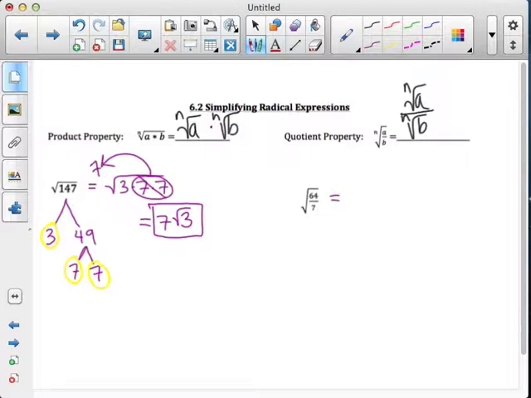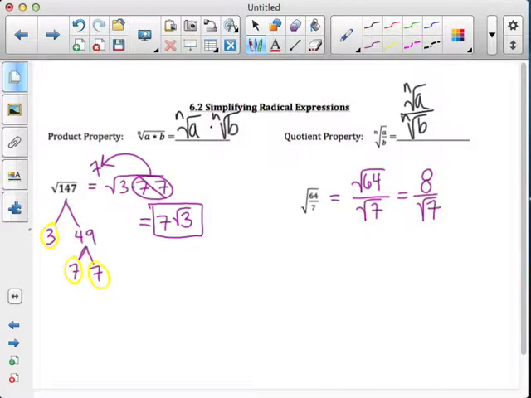Let's try this one. So square root of 64 divided by 7. Well, I know 64 is not divisible by 7, so I'm going to use my quotient property, and I'm going to split this up into square root 64 over square root 7. I know that the square root of 64 is 8 divided by square root 7. And so I'm going to rationalize my denominator here because you can't leave radicals in the bottom.